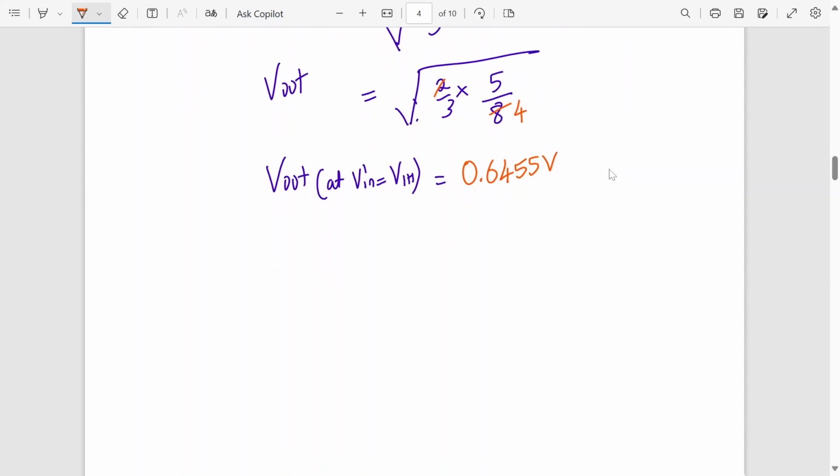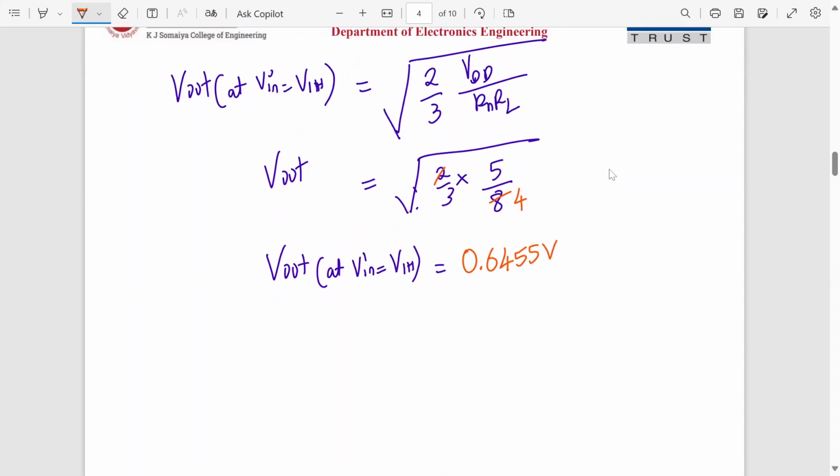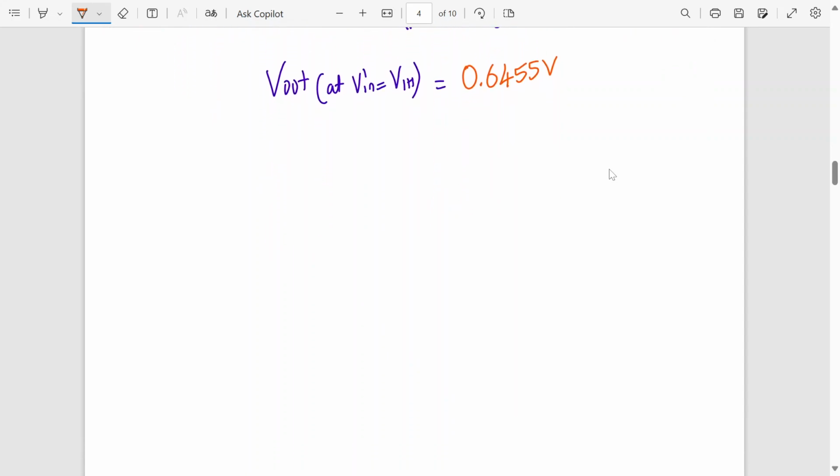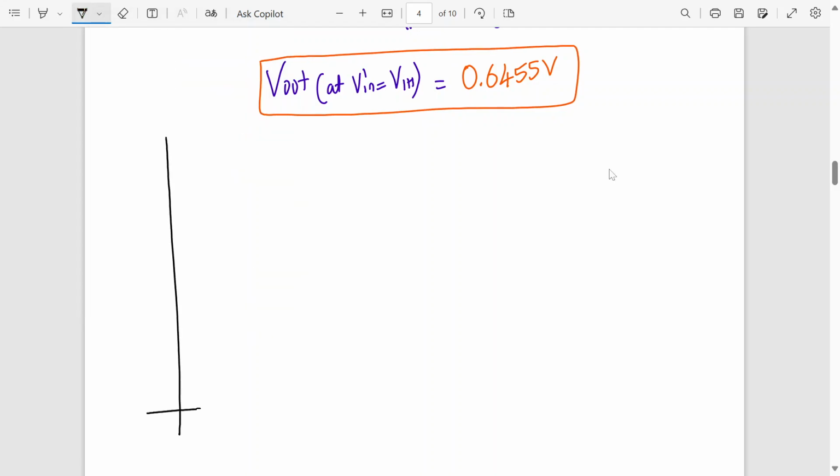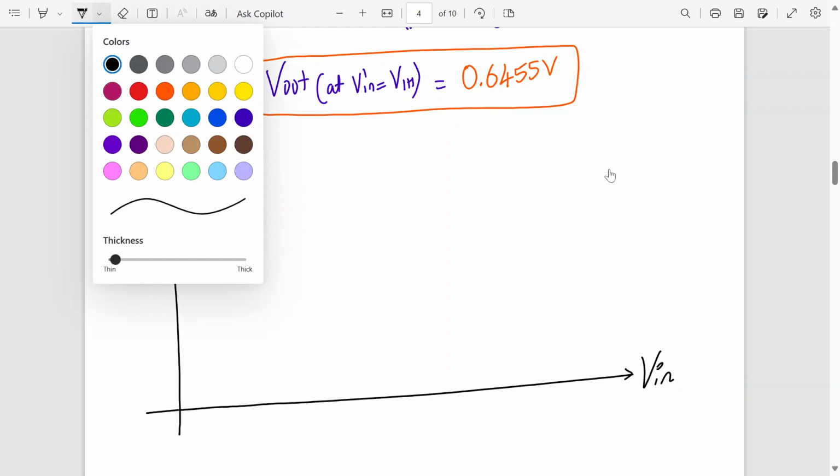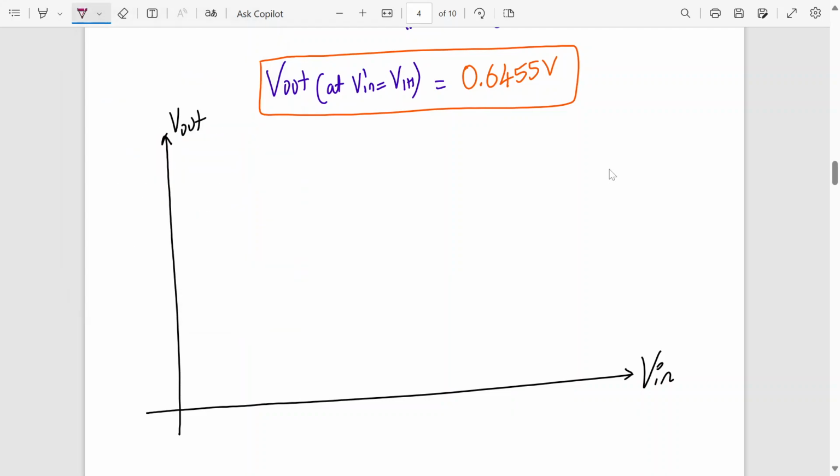Now, you remember they have asked us to locate these points on the VTC curve, right? So now we will be drawing it on the VTC curve, all of them together. So here is my VTC curve. I'll draw it slightly bigger. This is V in, this is V out, and this is my VTC curve.